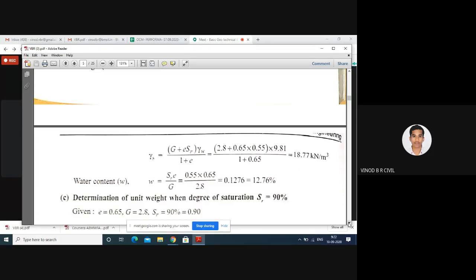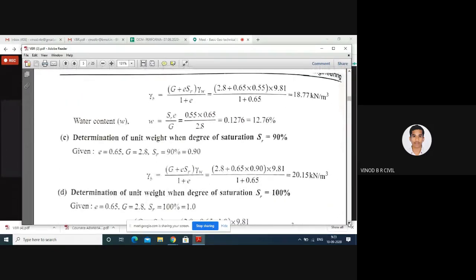G is 2.8 plus 0.65, degree of saturation 55%, 0.55, into unit weight of water, which we assume is 9.81, divided by 1 plus 0.65. Gamma B is equal to 18.77 kilonewton per meter cube. Water content, small w, is equal to Sr into e divided by G. Sr is 55%, e is 0.65 and G is 2.8. Therefore, small w is equal to 12.76%.